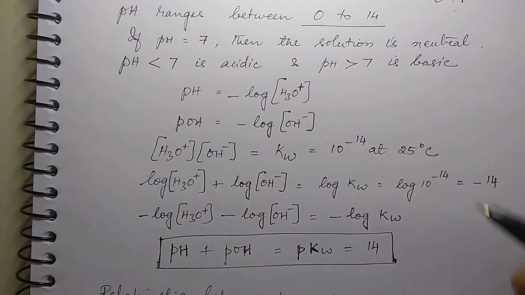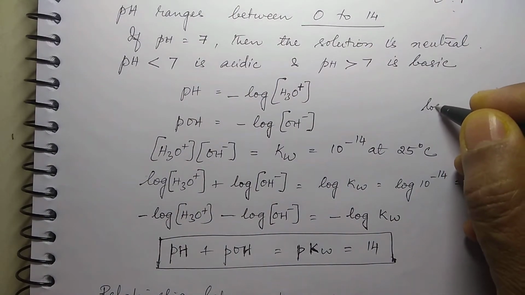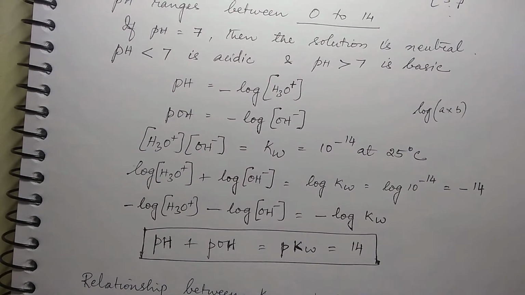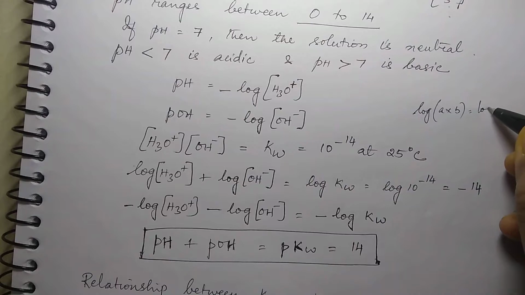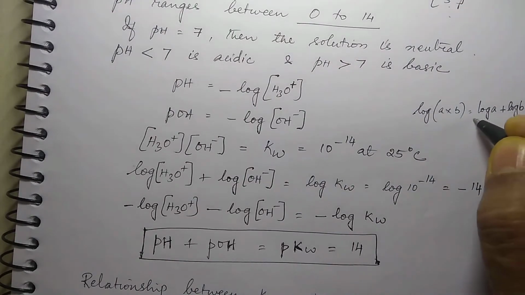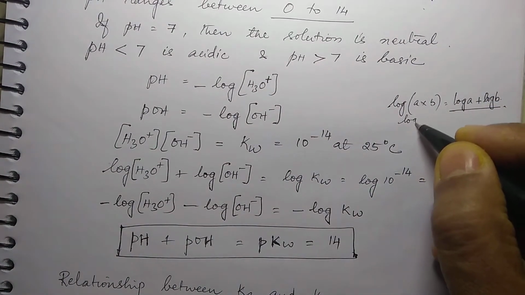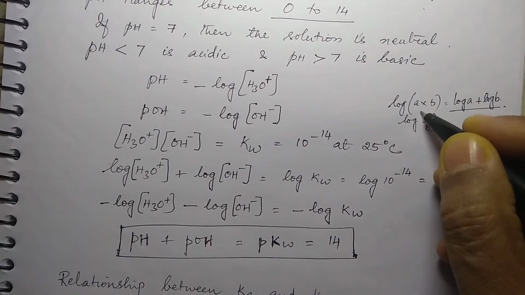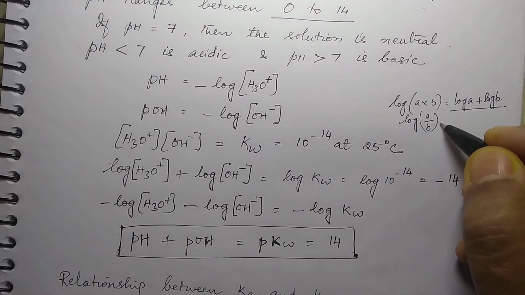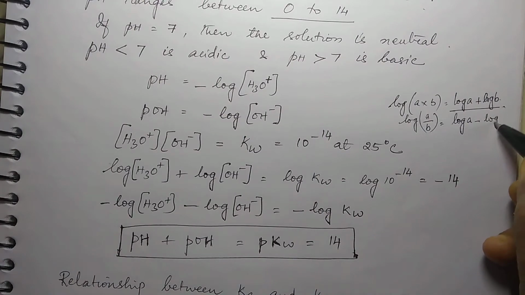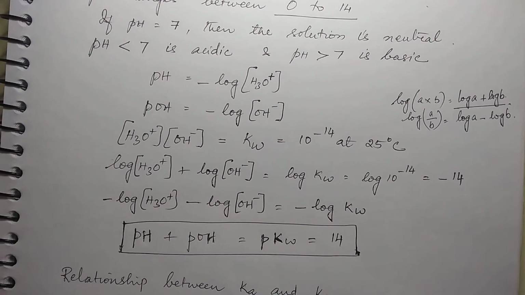That is, log of A cross B is equal to log A plus log B. In the same way, log of A by B is log A minus log B.